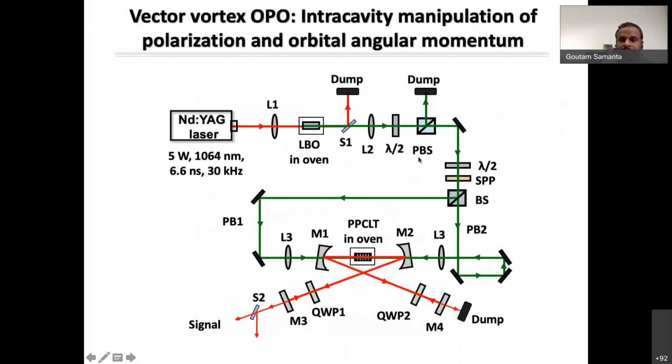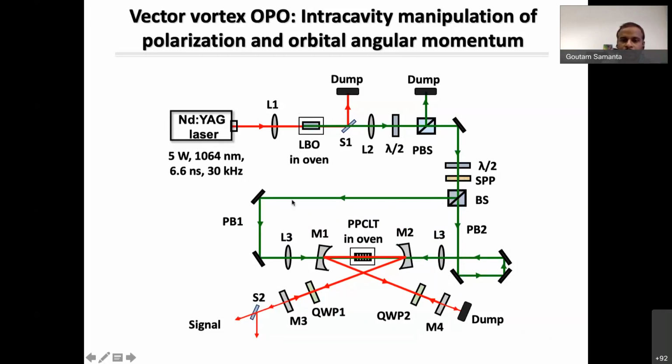This is the experimental setup that we have explored. We take an ND nanosecond laser. It's frequency doubled into green, and that green is converted using a mode converter, SPP, and then we split it into two parts.